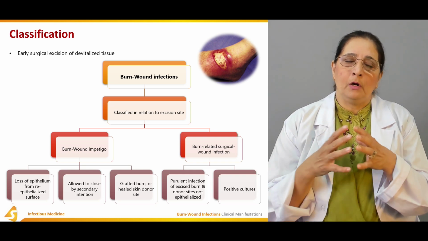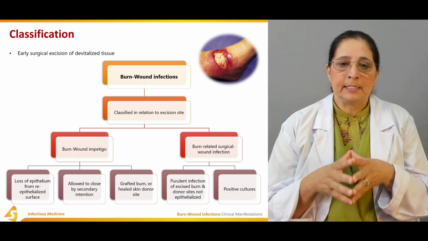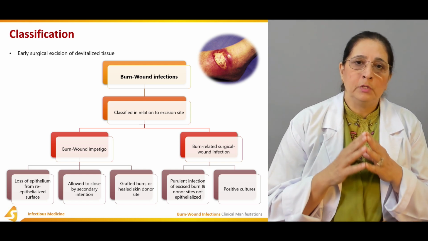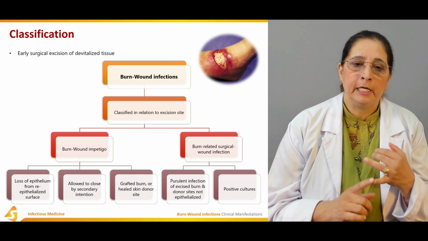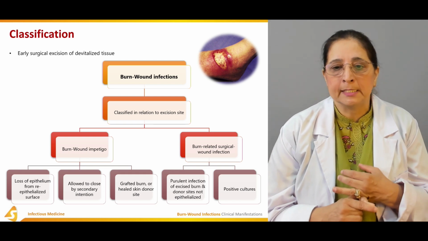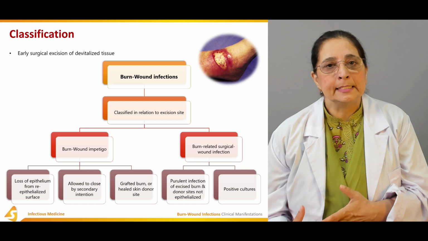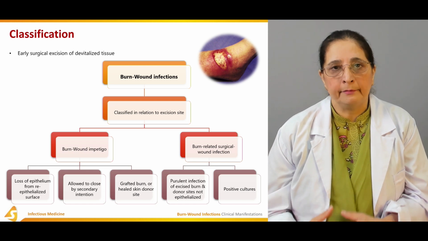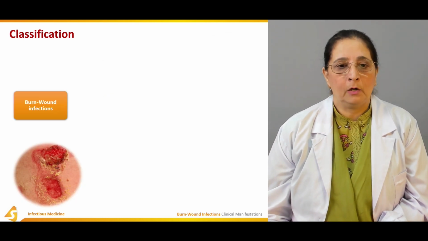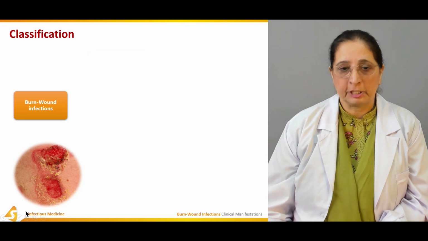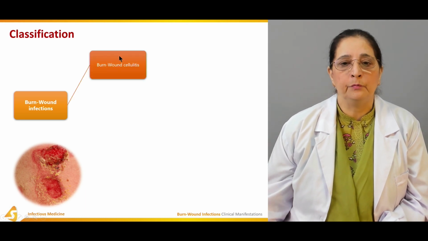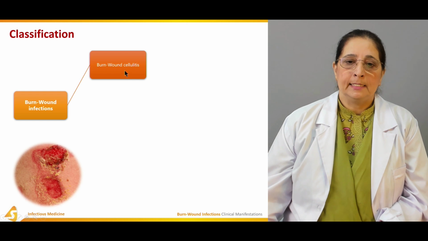So depending on the excision site, the burn wounds can be classified into burn wound impetigo, burn-related surgical wound infections, and then also burn wound infections like burn wound cellulitis.